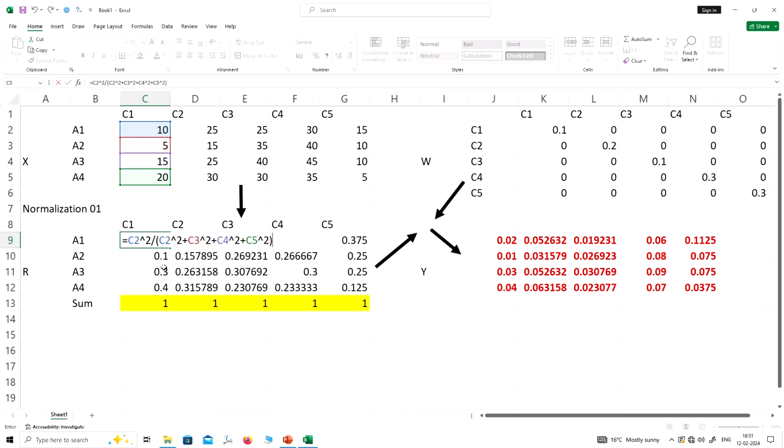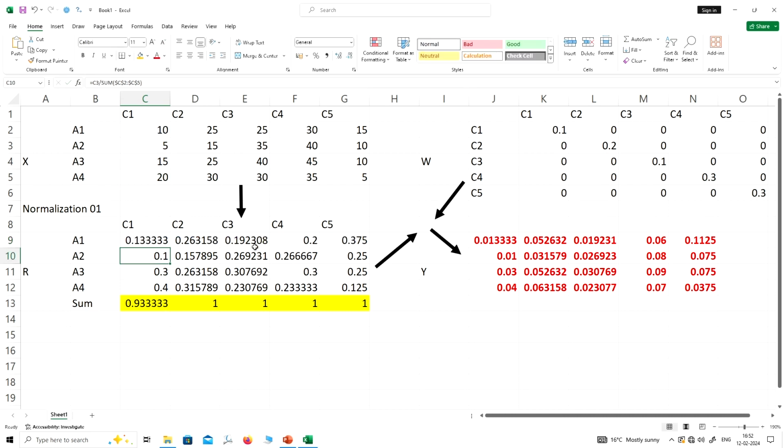So, these values, the column-wise they are fixed as usual. So, it will be C2 fixed, C3 fixed, C4 fixed, C5 fixed, and these values are just copied. Again check the sum which is yellow in color. So, this comes out to be 1 as usual.